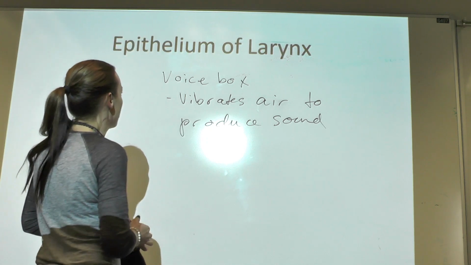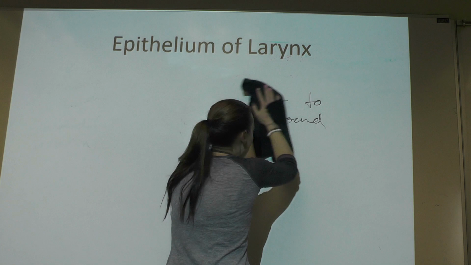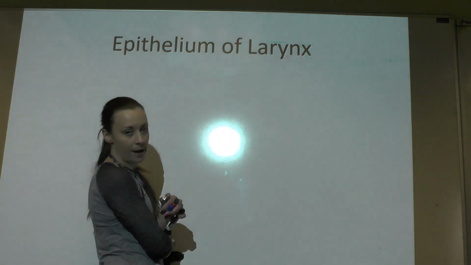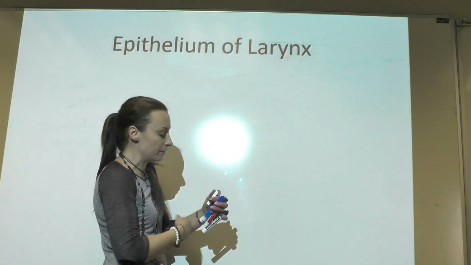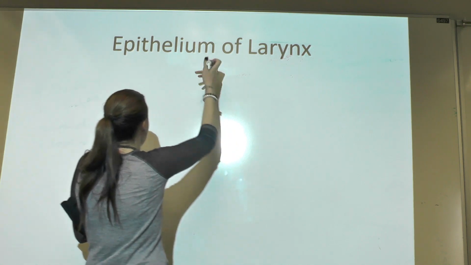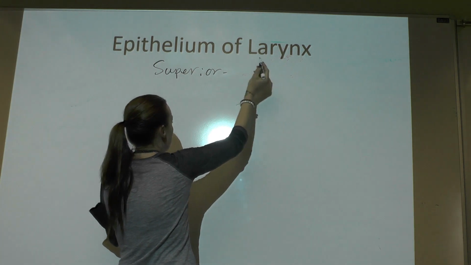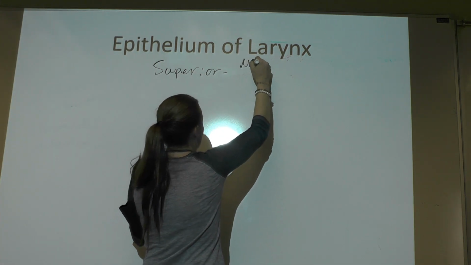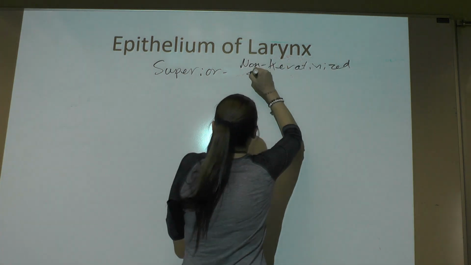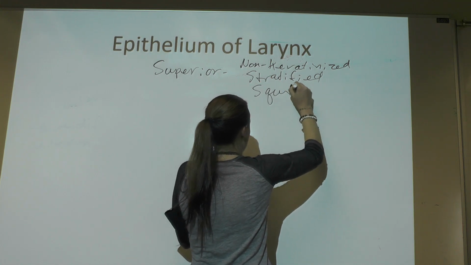Okay, so epithelium of the larynx. Silly me. The superior part of the larynx has stratified squamous epithelial tissue, and the inferior part of the larynx is back to pseudostratified ciliated columnar epithelial tissue. So for epithelium of the larynx, the superior aspect, we find a little bit of non-keratinized stratified squamous epithelial tissue.